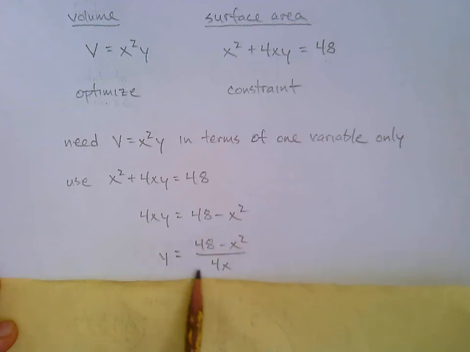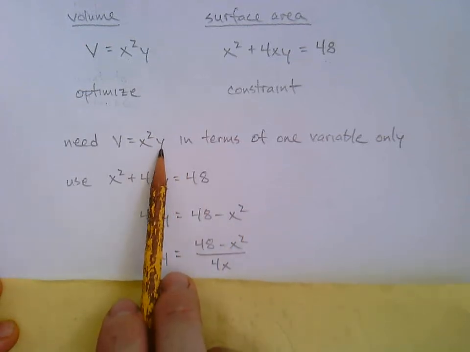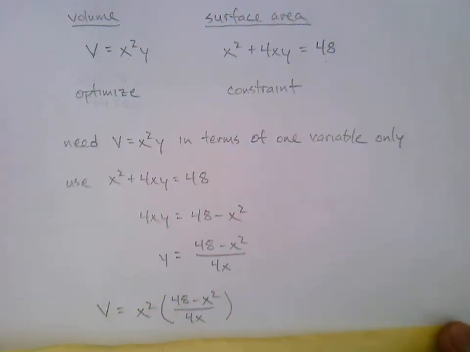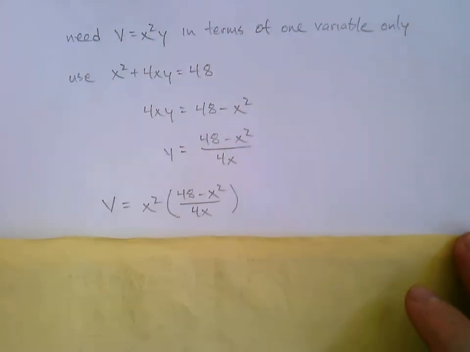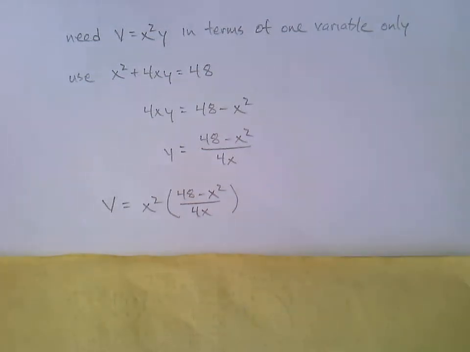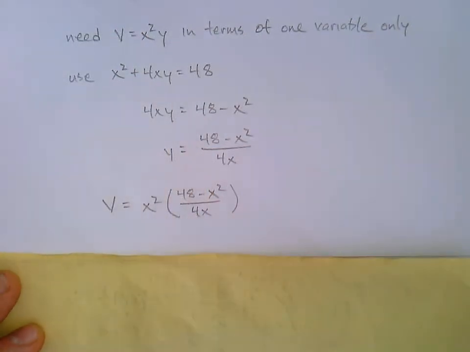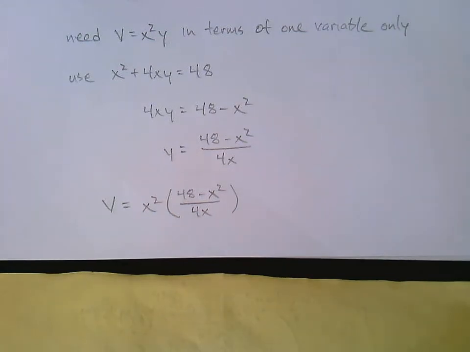We can put this whole thing in for the y, and then we'll have volume in terms of x only. And here I've got it at the bottom. So always use your constraint to write what you're trying to optimize in terms of one variable. Okay. So again, the substitution, boom. So that's big. If we've gotten this far with the problem, we're off to a great start.